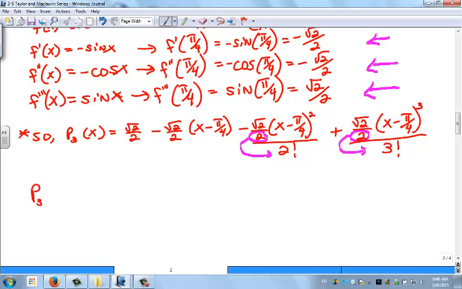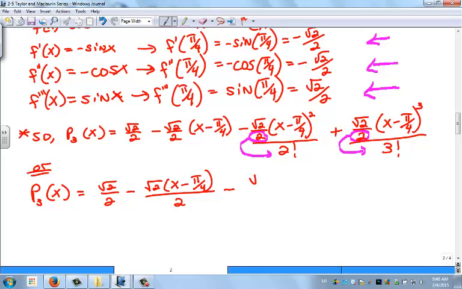So P3 of x ends up equaling radical 2 over 2 minus radical 2 times x minus pi over 4 all over 2, minus radical 2 times x minus pi over 4 squared over, well, you got a 2 from the top times a 2 from the bottom, so since we're multiplying those two 2's together, 2 times 2 gives us 4 in the bottom here.